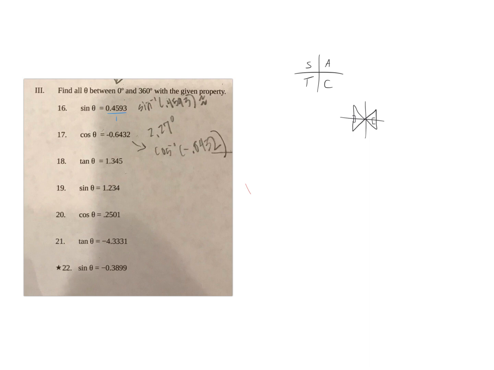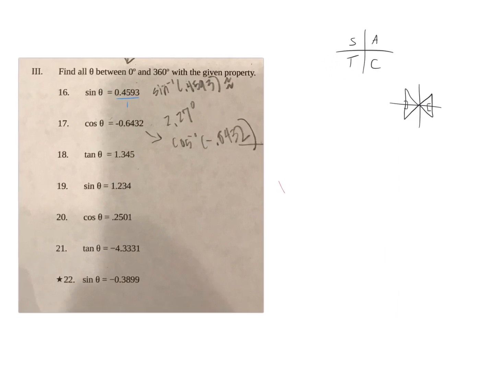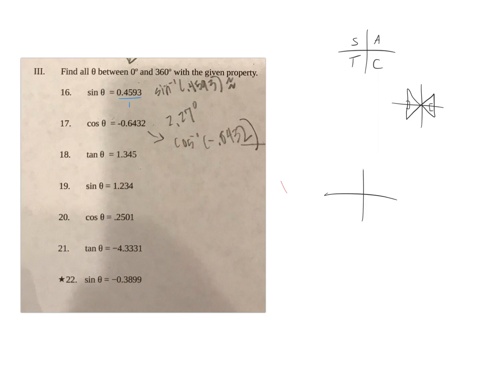Problem number 18, the tangent is positive. Now we know that it's positive in the first quadrant and the third quadrant, so if it's a positive tangent, we are most definitely looking at this one or this one.